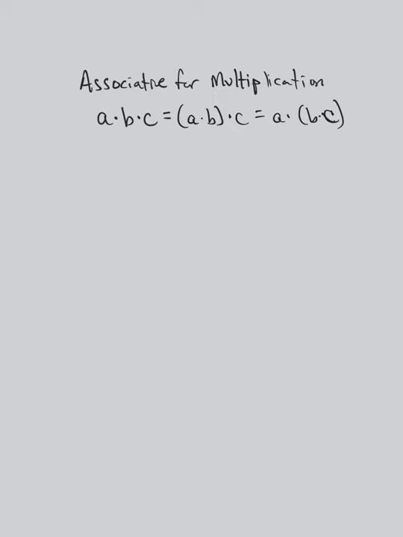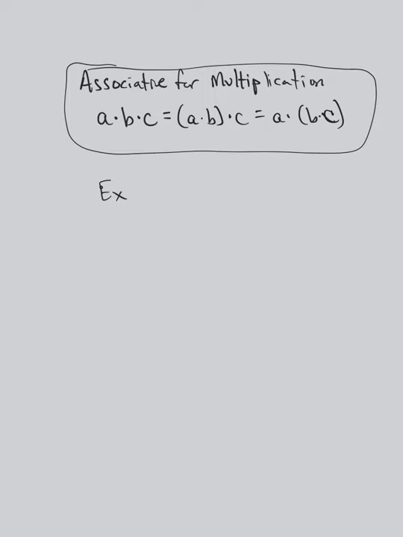All right, and just like with addition, what will happen is in algebra, some expressions will come out looking strange, and so you just got to pause and ask yourself, is it okay to do what you're doing? And the way you justify it is with one of these properties. So here I have 2 times 3 times x, but the 3x is in parentheses. But what does this associative property allow me to do?